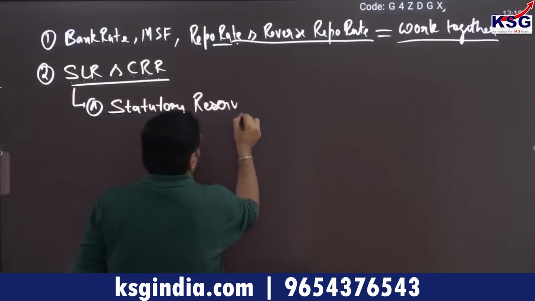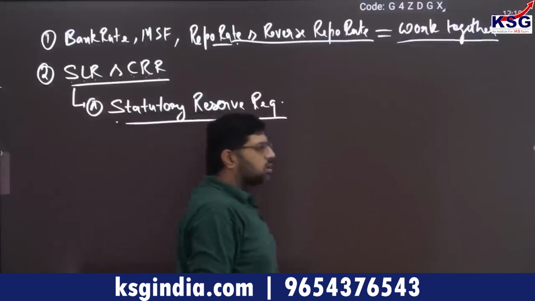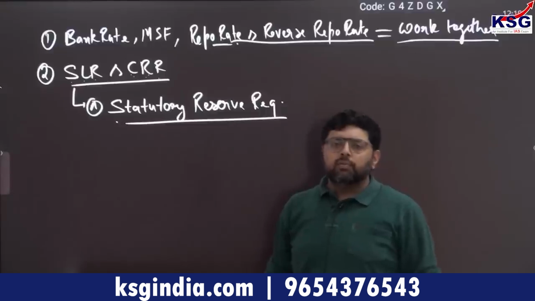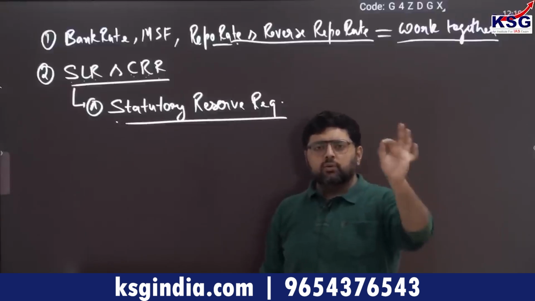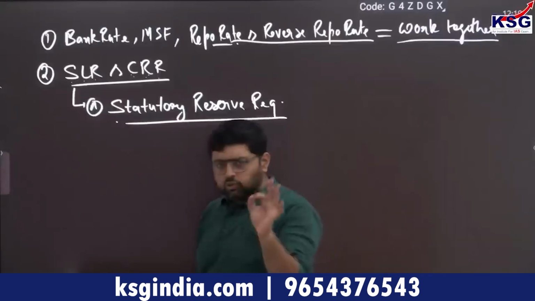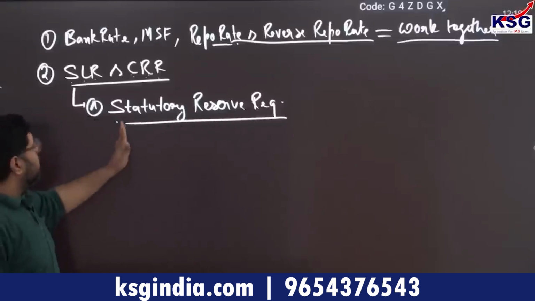If a question comes in the exam, what is the statutory reserve requirement, you have to choose the option that SLR and CRR together are known as statutory reserve requirement.